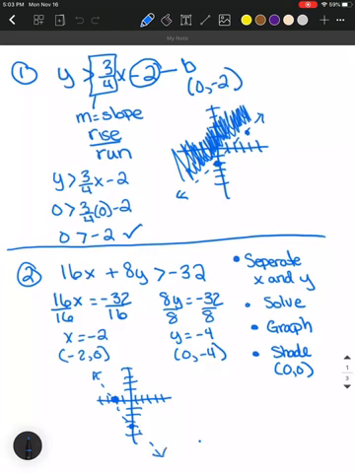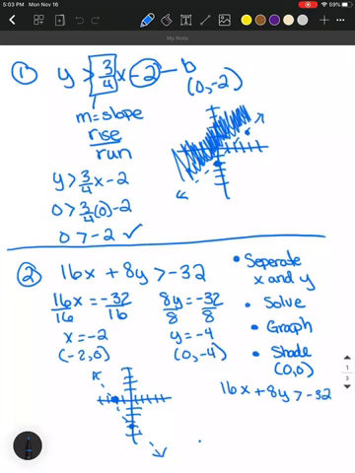Now I have to determine whether I'm shading above the line or below the line. All I'm going to do is plug my test point 0, 0 into my original inequality. So I have 16x plus 8y is greater than negative 32.